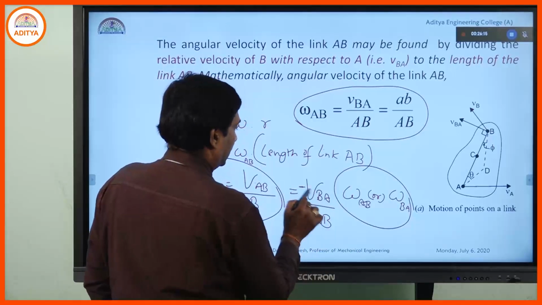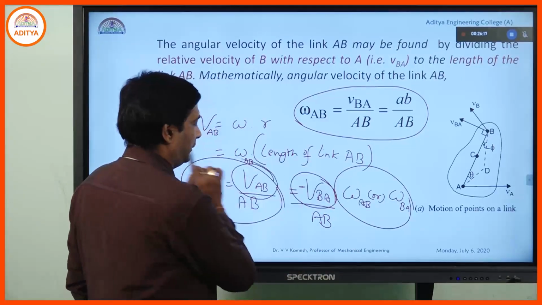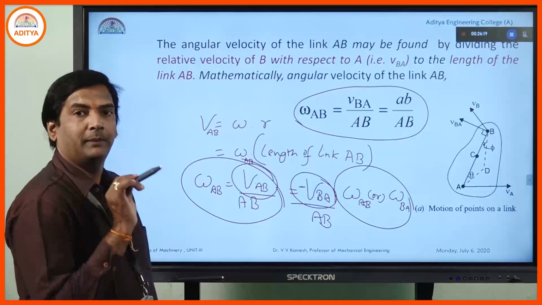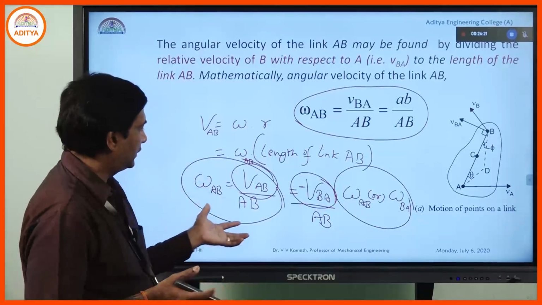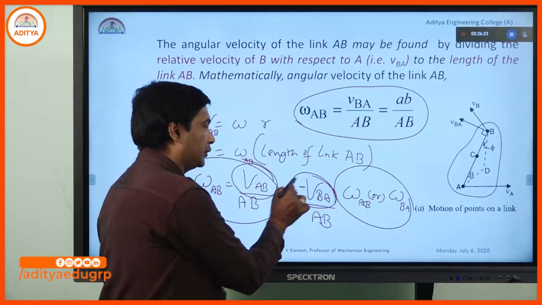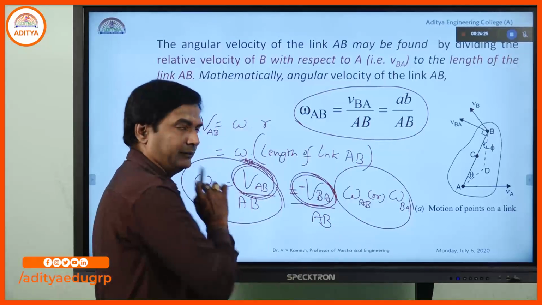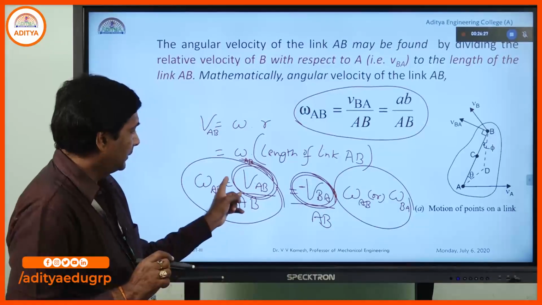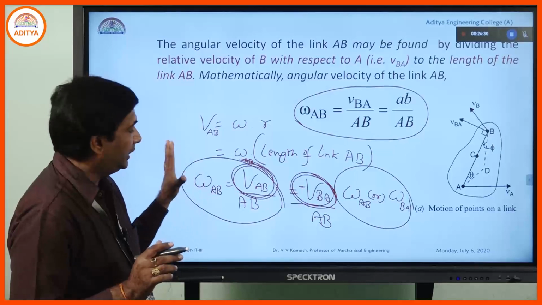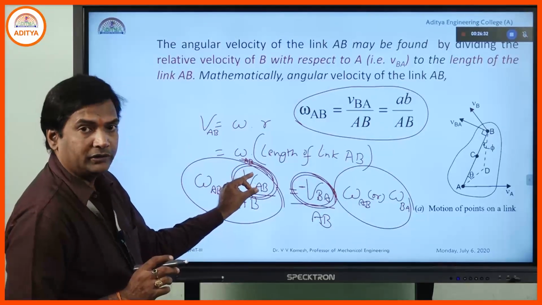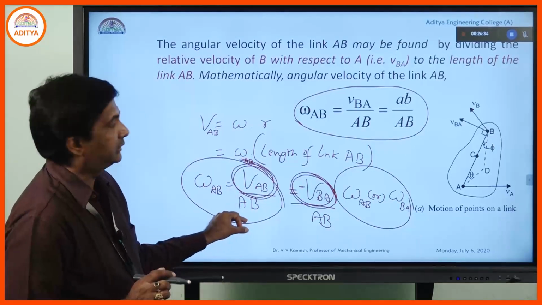So whether it is VBA or VAB, it is immaterial. We can write here only the magnitude portion of VBA or VAB. We need not take the plus or minus. Simply the velocity component divided by the length component.